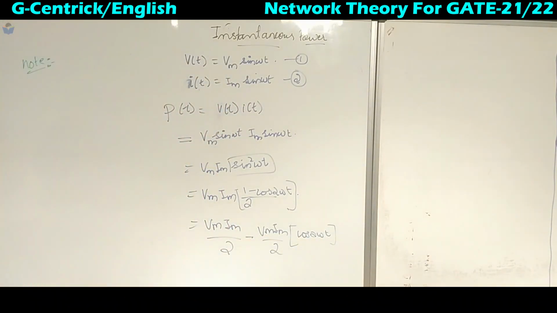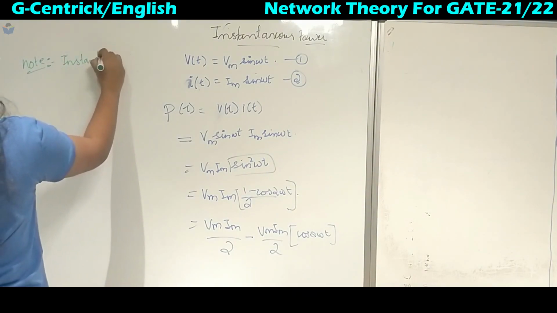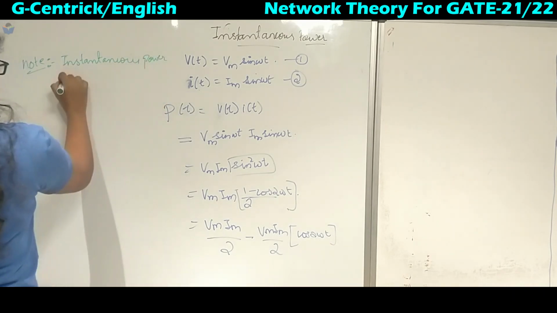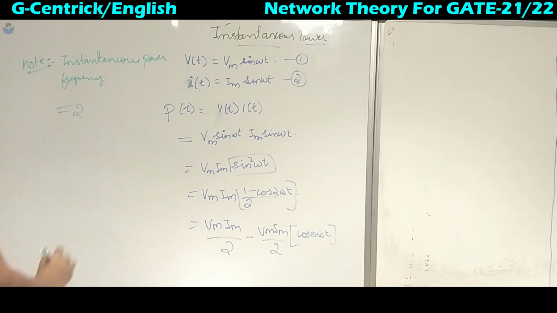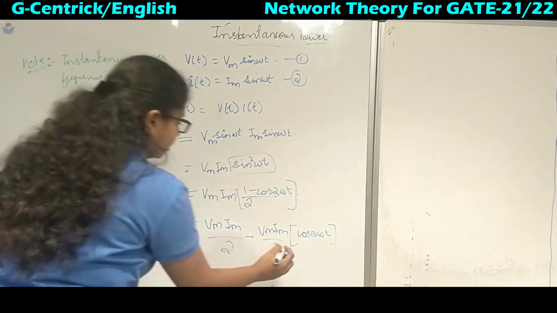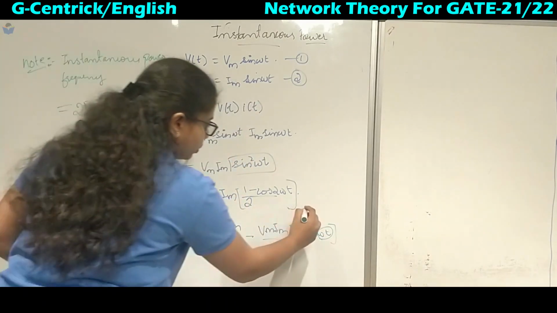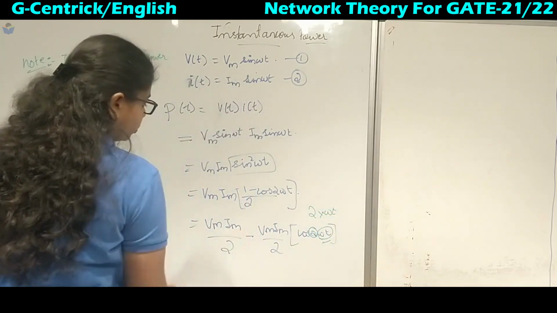So what we can write here is that the instantaneous power frequency, because it is related to omega t, will always be twice the frequency. You can see here we have 2 and here is the omega t, so it is 2 times omega t, whether it is related to voltage or current.